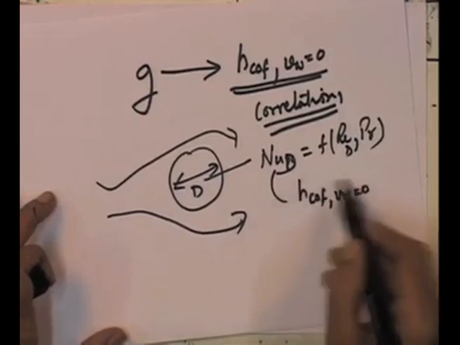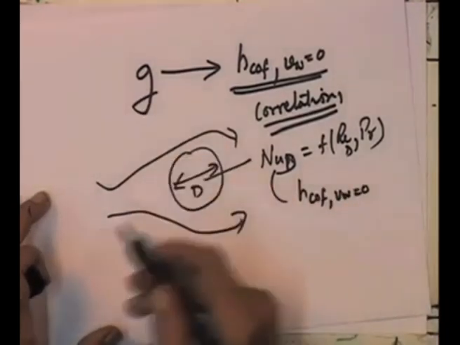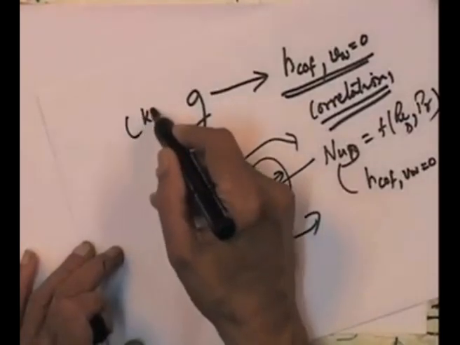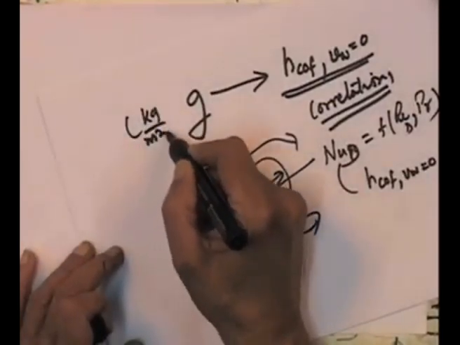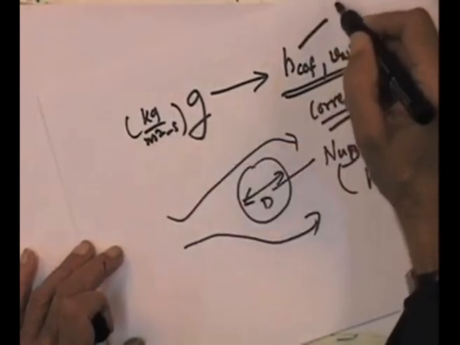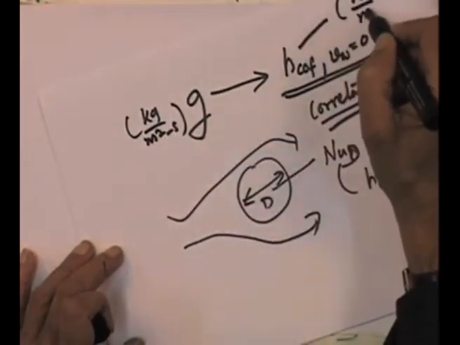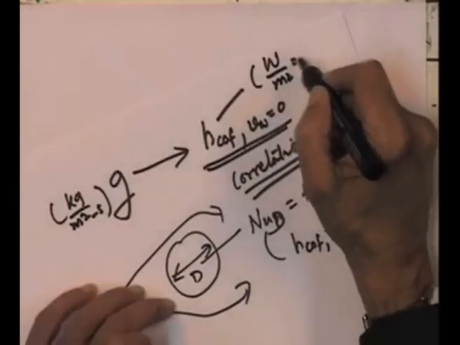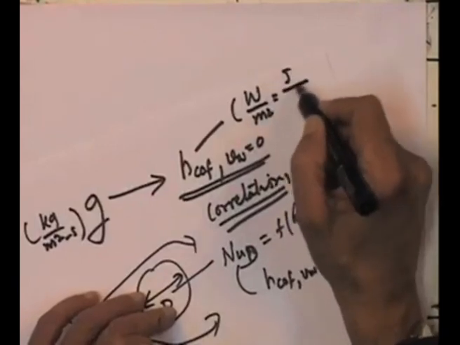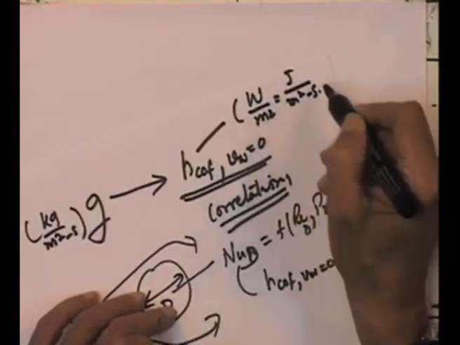If I can relate this value to G, which is in kilograms per meter square second, whereas H is in watts per meter square, or essentially joules per meter square second.